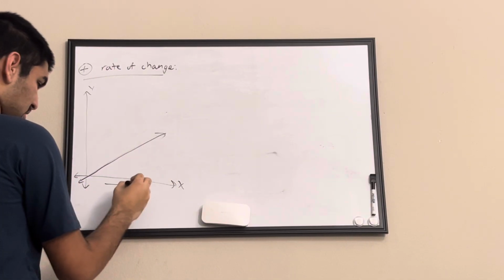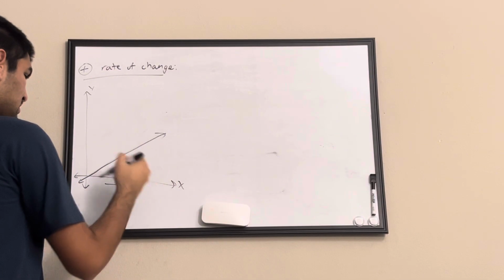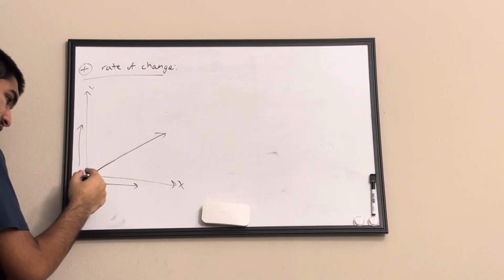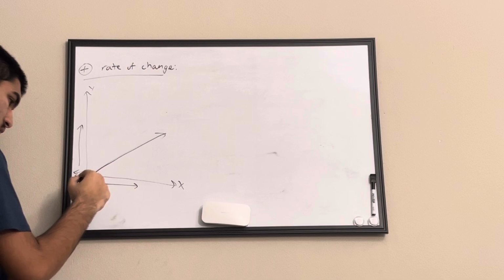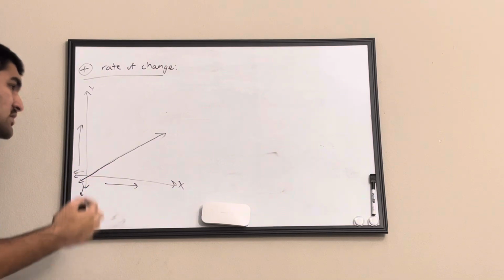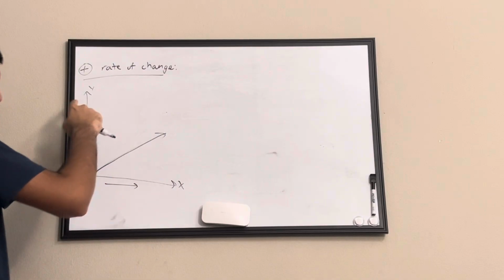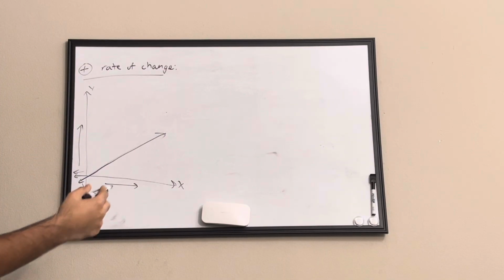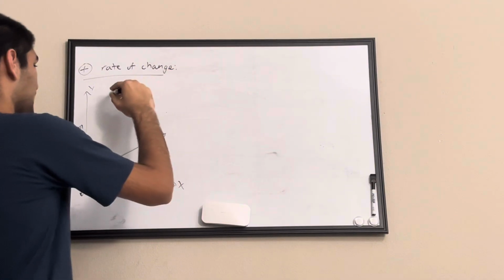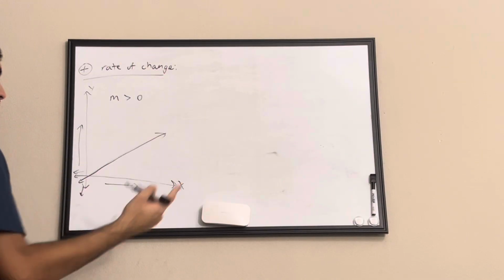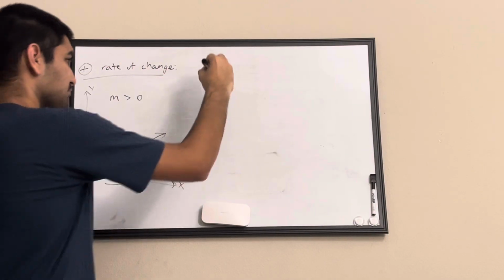As x is increasing, y is also increasing, right? And then as x decreases, y also decreases. So essentially, positive rate of change means whatever x does, y does the same thing. Okay? And also here, the slope is positive, right? That's why it's a positive rate of change, because the slope is greater than 0.